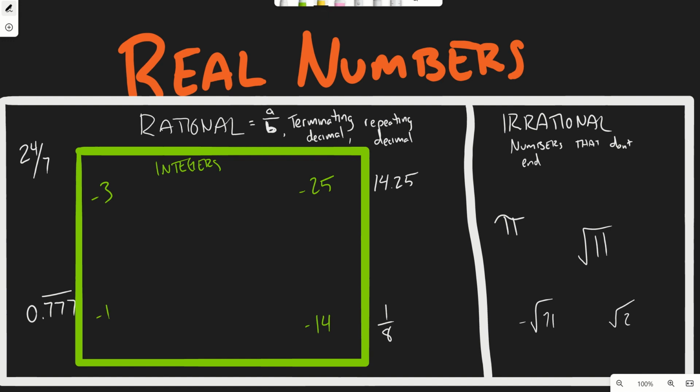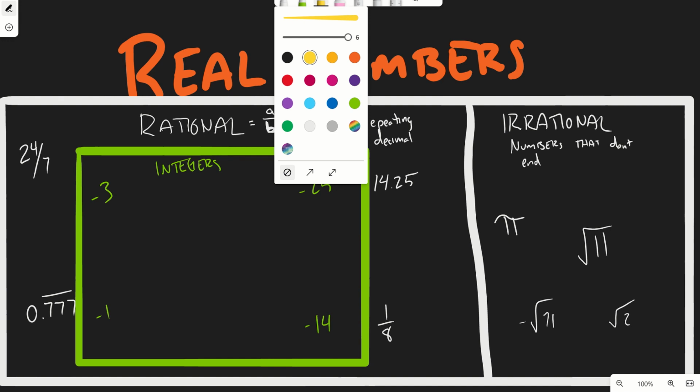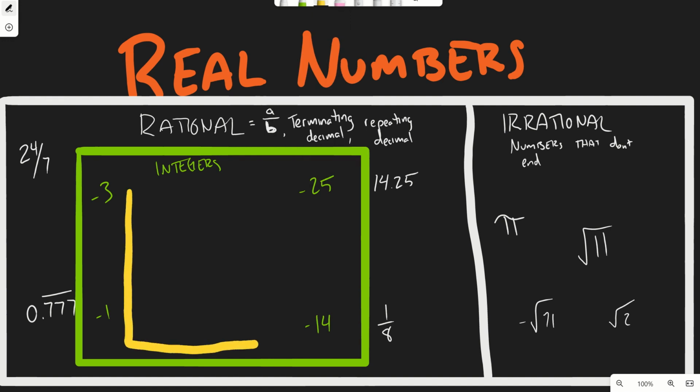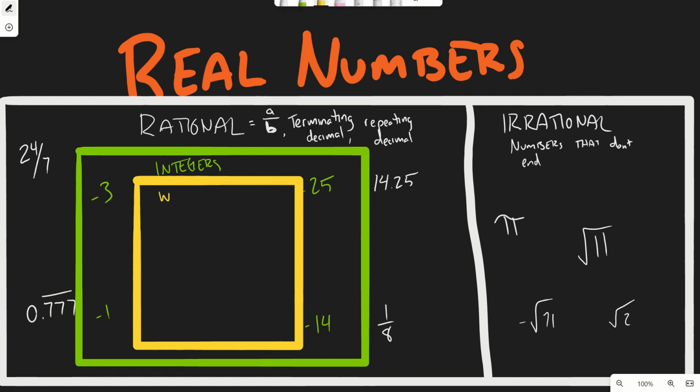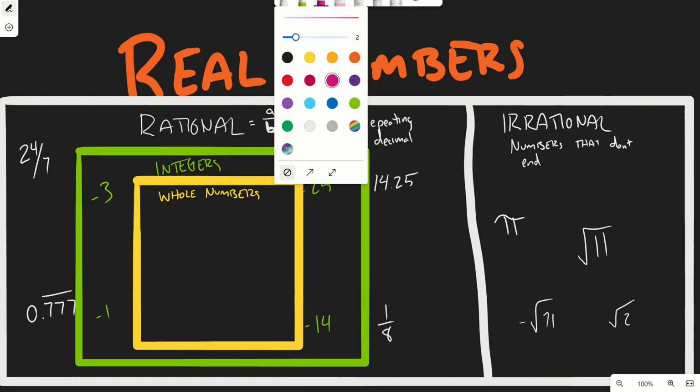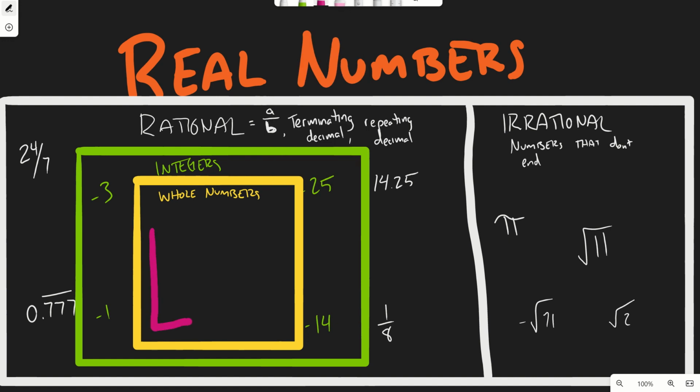All right, now our next box, we got another box here. Our next box is going to be what we call whole numbers. And then within whole numbers, we're going to add our last box. But I wanted to get whole numbers in there so that we can talk about the difference in these last two boxes.